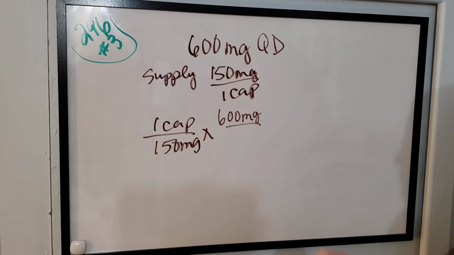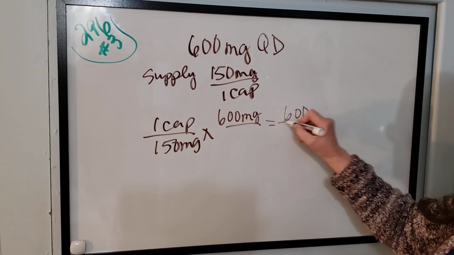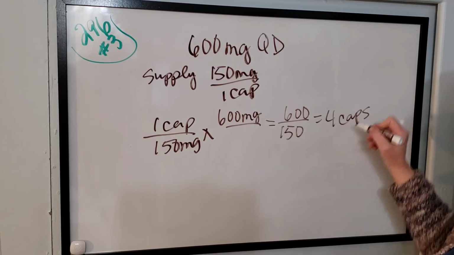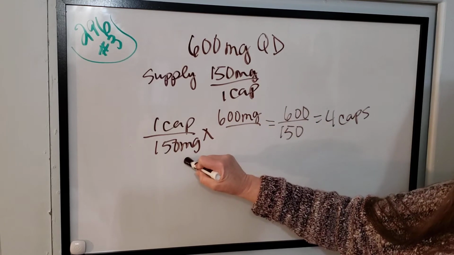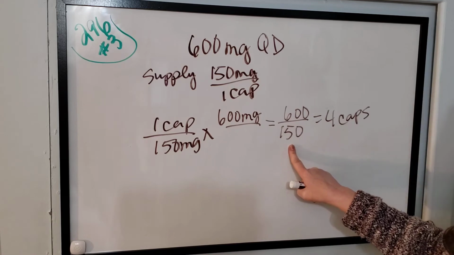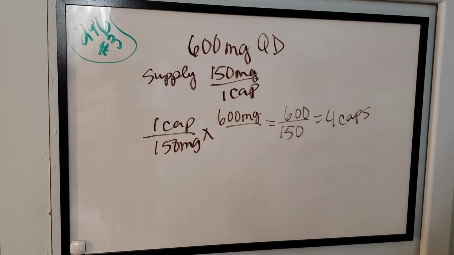The way this works out is 600 over 150, which is 4 capsules. It's always going to be what I want divided by what I have. I want 600 milligrams, I have 150 in each capsule, so 600 divided by 150 is 4 capsules.